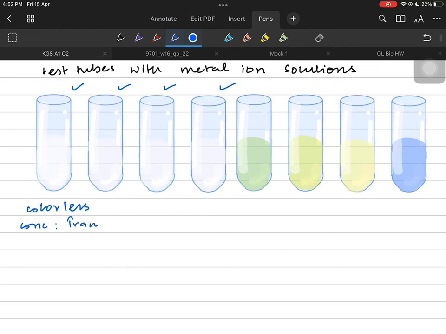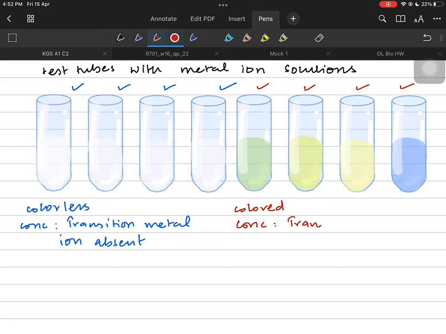This indicates that a transition metal ion is likely to be absent, because transition metals make colored compounds. The later 4 test tubes have colored solutions in them, which means a transition metal ion could be present.